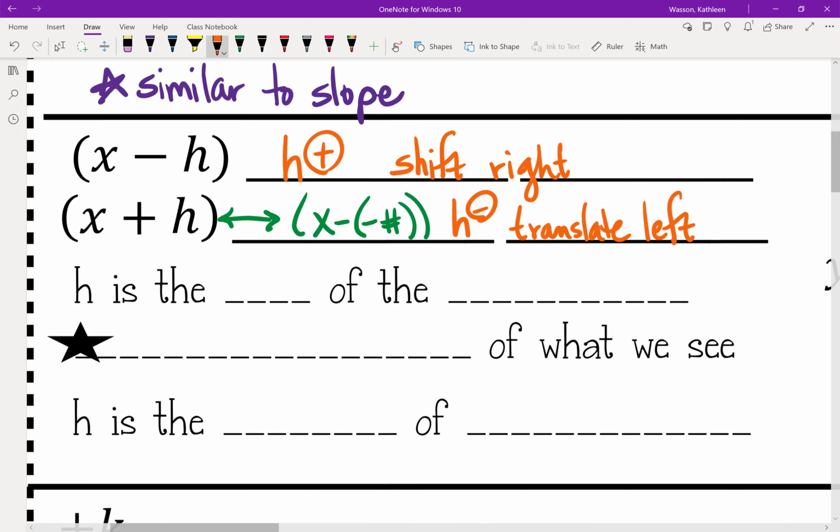H is the x part of the vertex. Our vertex is HK. And just keep it in mind that the sign for H is opposite of what you see when you read the equation.